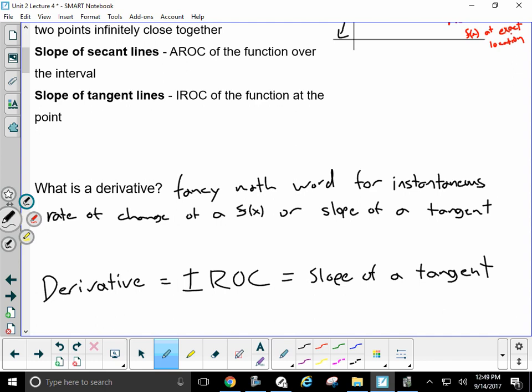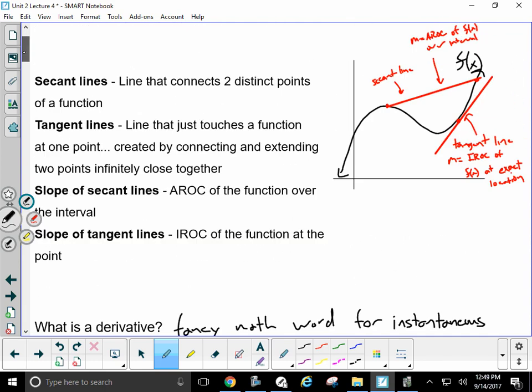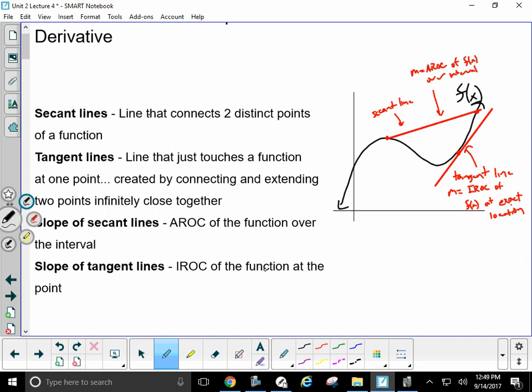Now today what we're going to be doing is finding the exact values for these slopes of tangents. We could find these exact values because we'd be able to find these two points and we could find the slope. This is easy to find. But this guy, more difficult.